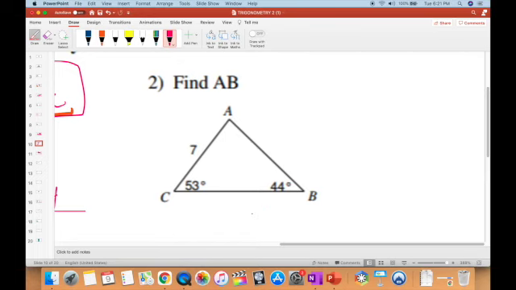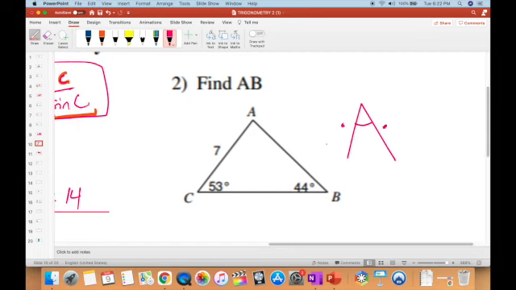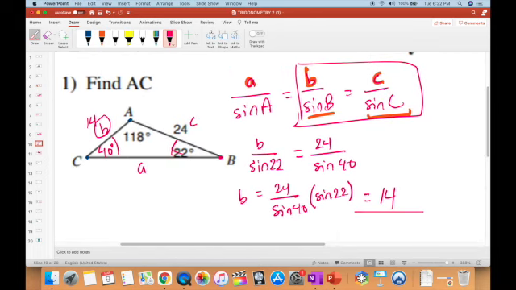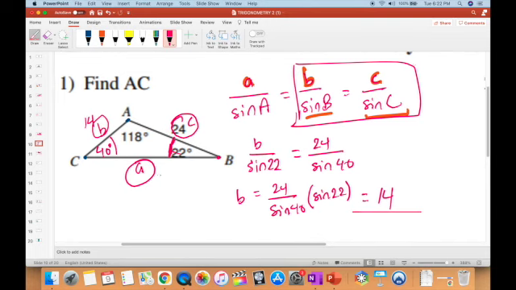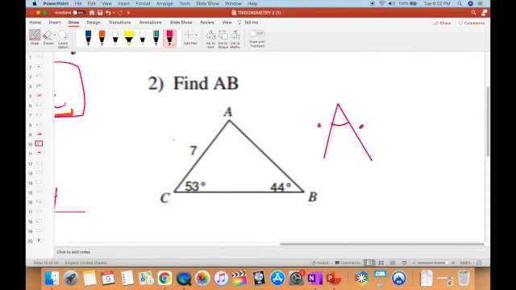Sine rule. Now again, remember the cosine rule is best used if you have two sides and the included angle. And you could see here that I didn't really have this side. If I had this side and the included angle, then I could have used my cosine rule. In this case, I still don't have two sides and the included angle.